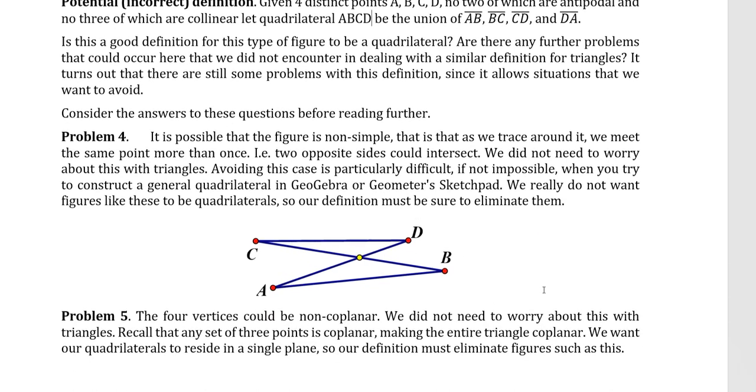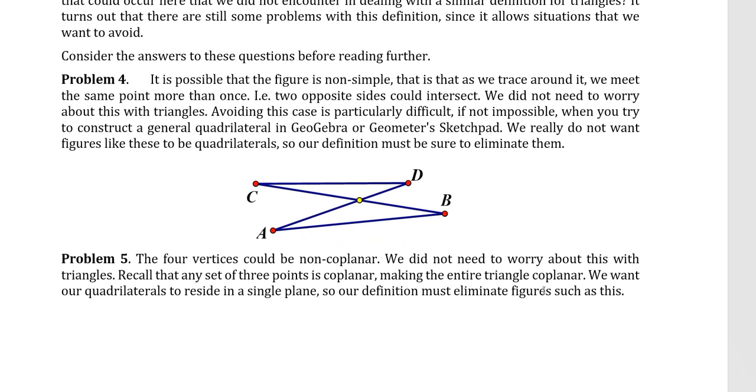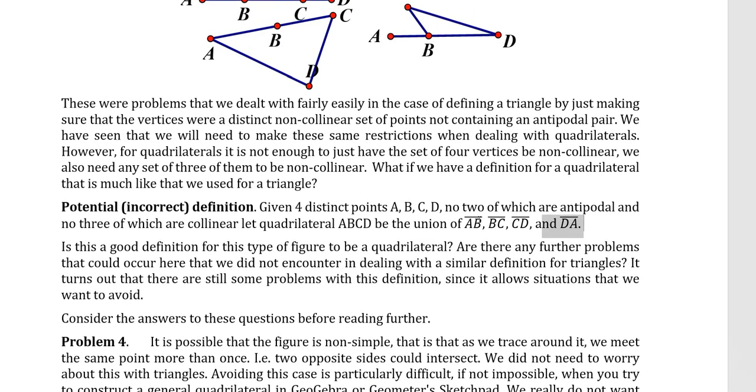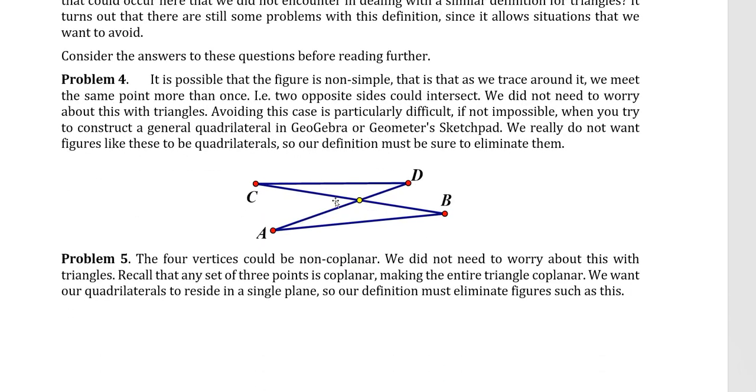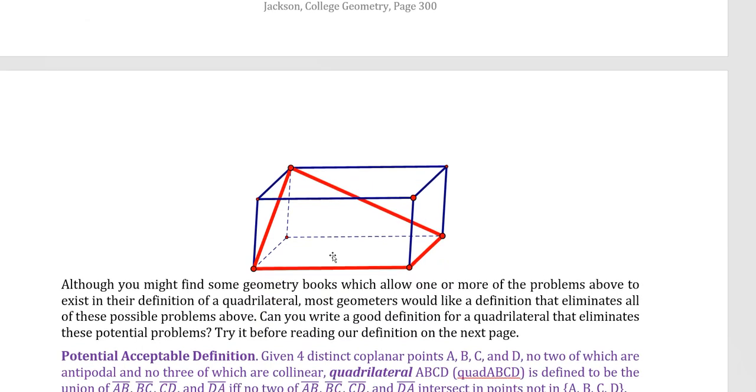And there's another problem. The four vertices could be non-coplanar. Again, we did not need to worry about this with triangles because, recall, any set of three points is coplanar, making the entire triangle coplanar. So the triangle was a figure that sat in one plane. We really want this same feature for quadrilaterals, but this incorrect definition up here would allow not only this situation, but also this situation here.